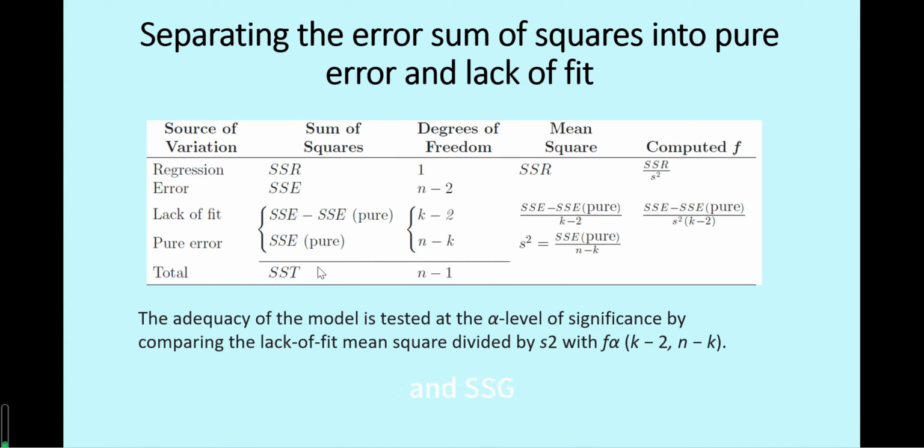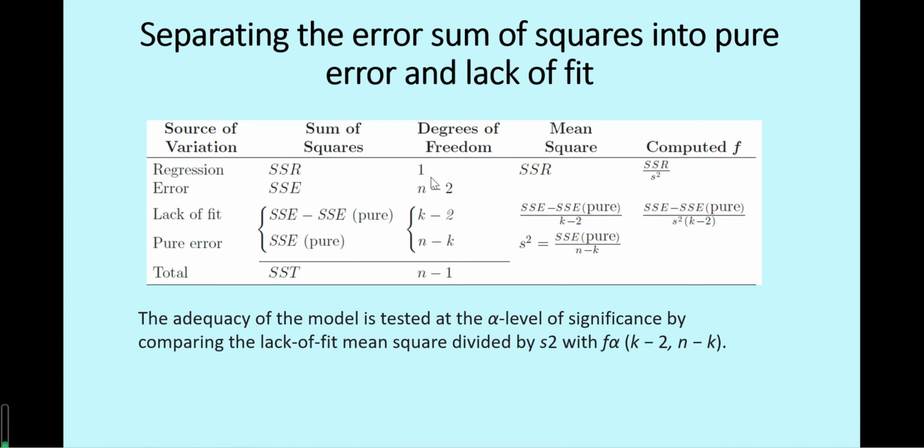And SST has two parts. One is SSR, another is SSE. SSR is the variation due to the model, due to regression. This is the term between the value on the fitted line and the mean value of y.